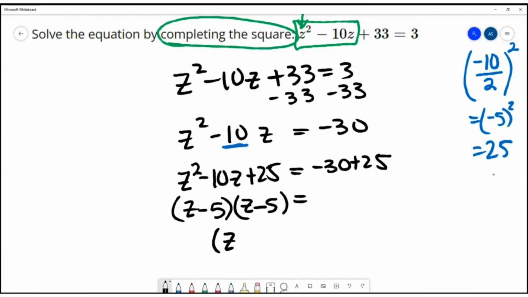And so you can see that my factoring worked to provide me with a perfect square. That magic number 25 is the right number to make this factor into a perfect square. On the right-hand side, negative 30 plus 25 is negative 5.